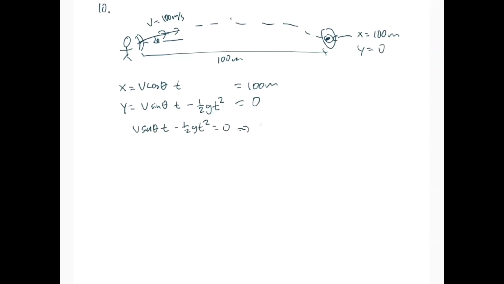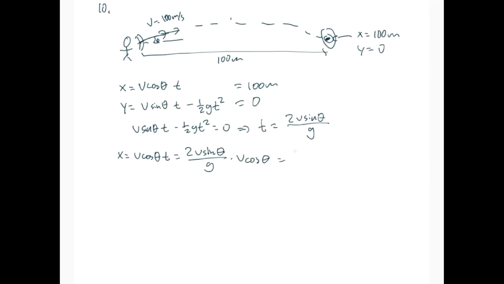If we solve this, we'll see that t equals 2v sine theta over g. Now we can plug this into our initial x equation, so v cosine theta times t, which is 2v sine theta over g times v cosine theta.